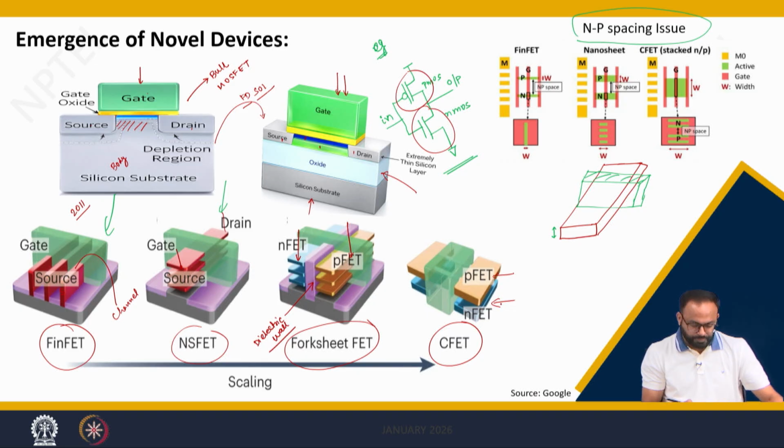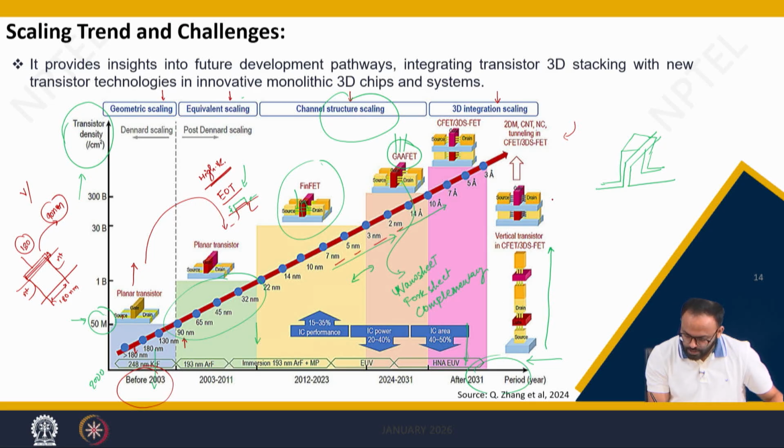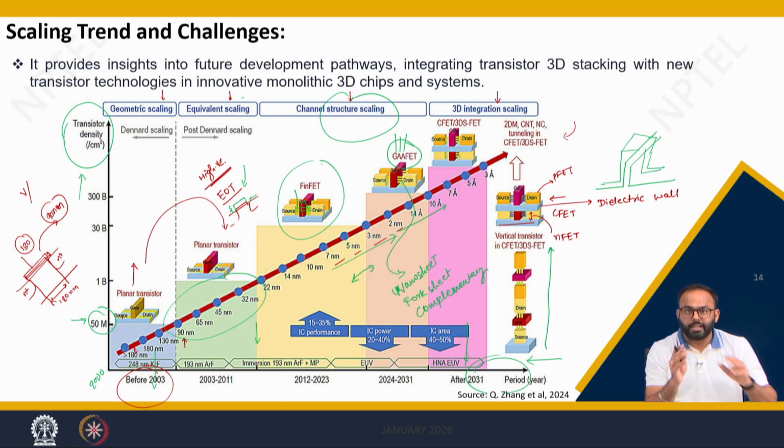For example, if you see this structure, this is nothing but CFET. You have a substrate over which you first grow the NFET or PFET, and then you have a dielectric wall, and this is PFET. So, a single device acts as an inverter with appropriate voltages.